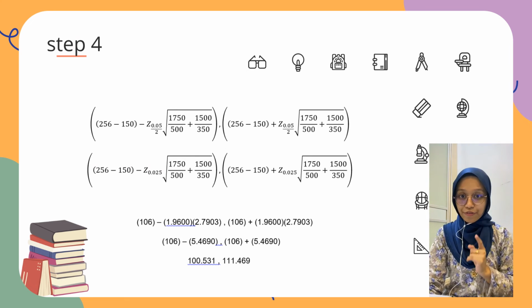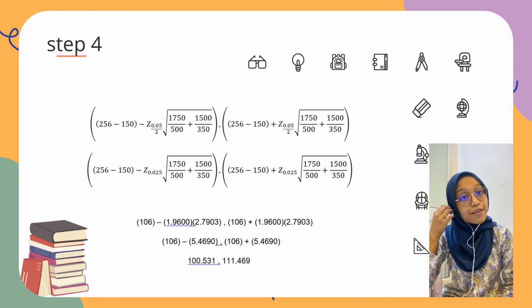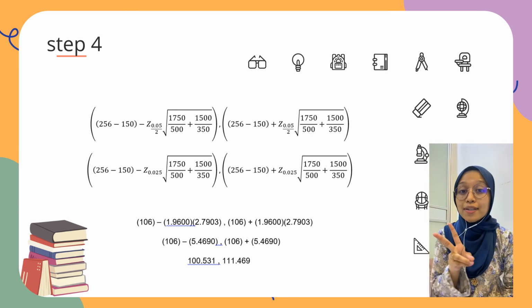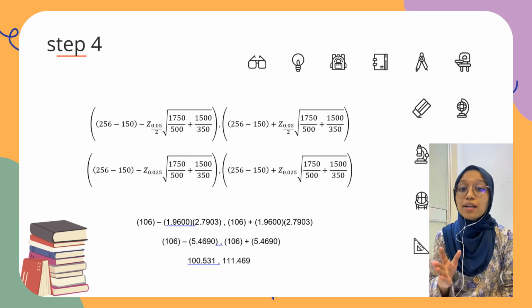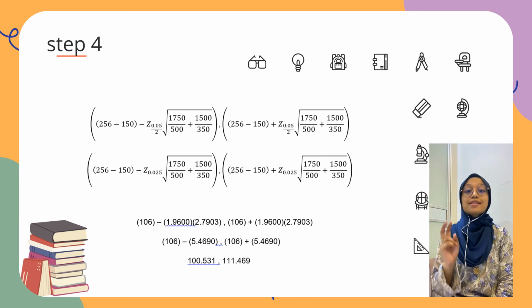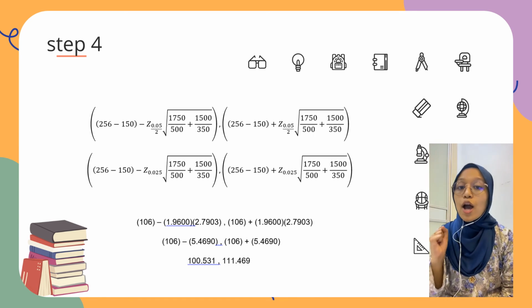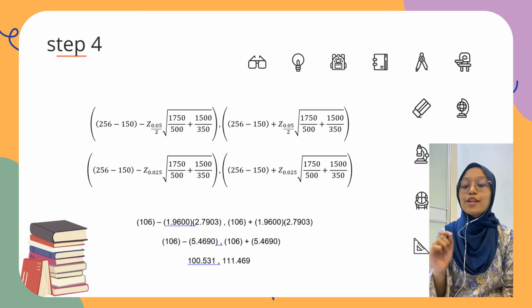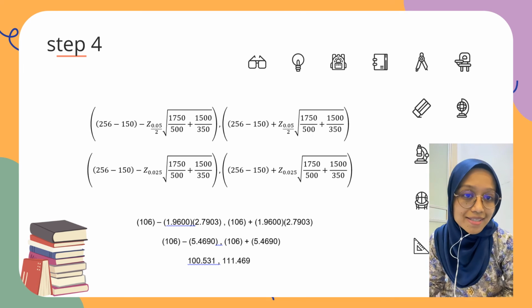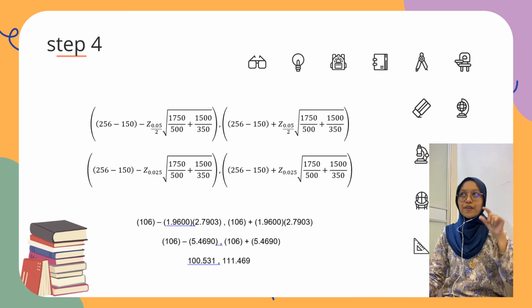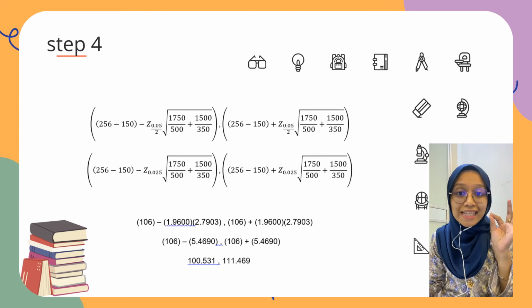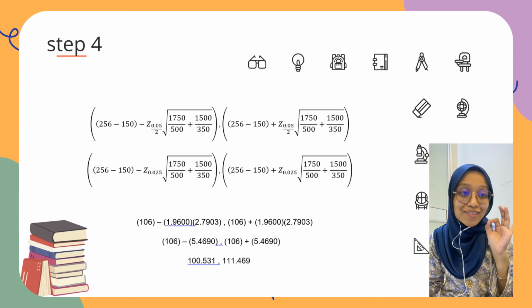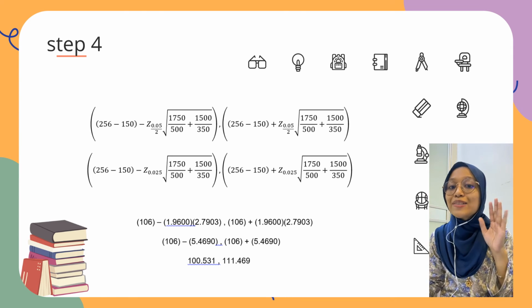Next, we move to the next calculation. For step 4, we need to put the values, which are 256 for the first mean and 115 for the second mean, and also the variance, and use the same formula for case 3. For this example, we have the final answer, which is 100.531.